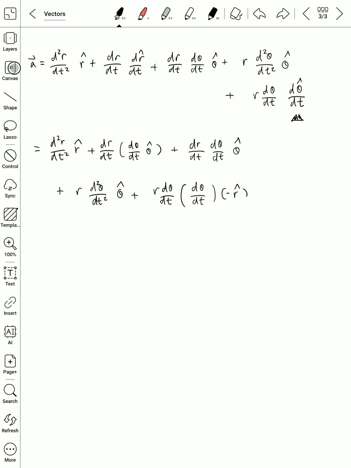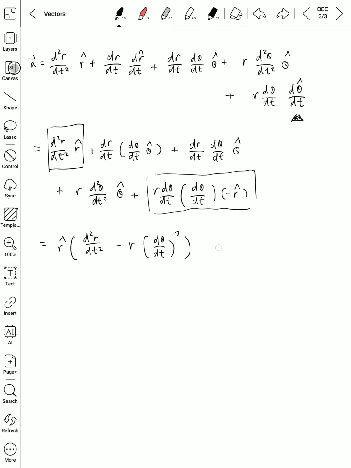Yes. And then combining like terms, putting all the r hats together, you see, this one has an r hat and this one has an r hat. So, d²r/dt² minus r (dθ/dt)².